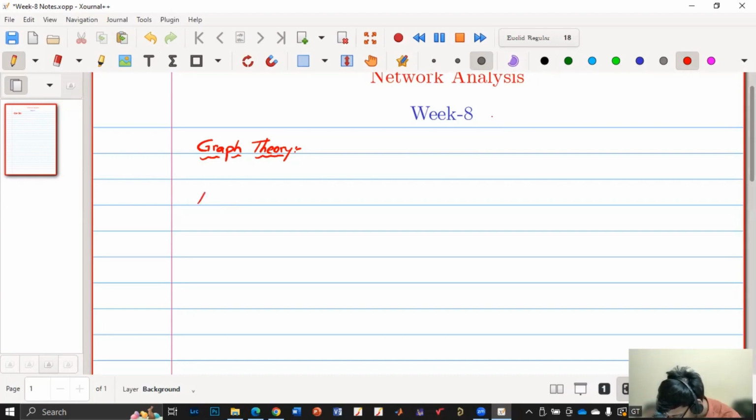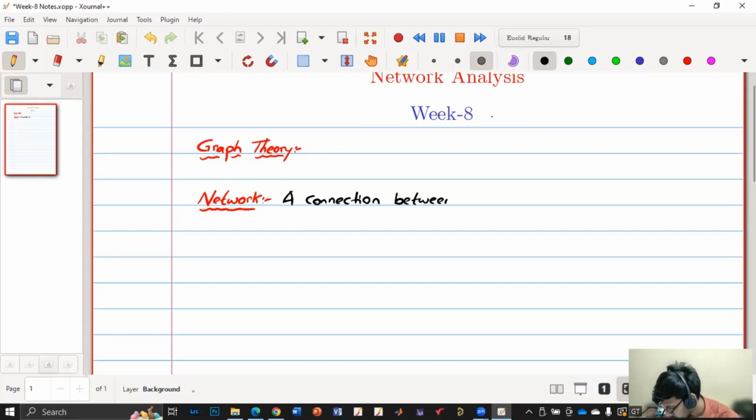You know network. A network is basically a connection of multiple voltage and current sources and circuit elements. It is just a connection between multiple sources, could be voltage source, could be current source, and circuit elements, RLC, all these things.